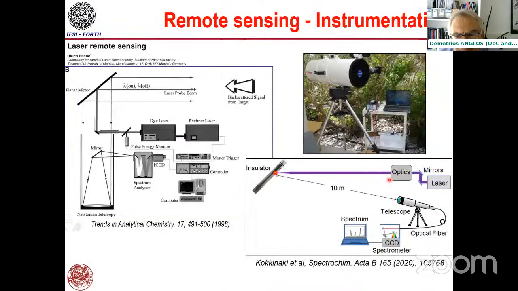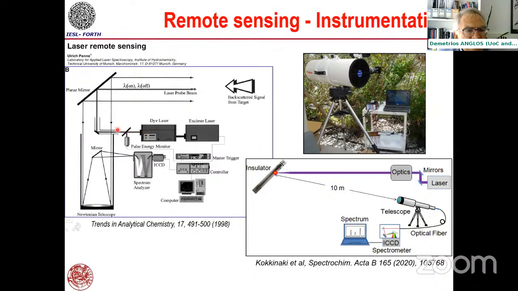So let's have a look at the basics of the remote sensing instrumentation. Of course, there are different approaches, but the idea is roughly the same. You have a source, a laser source. In this particular case that I'm showing on the left-hand side here is an excimer pumped dye laser.